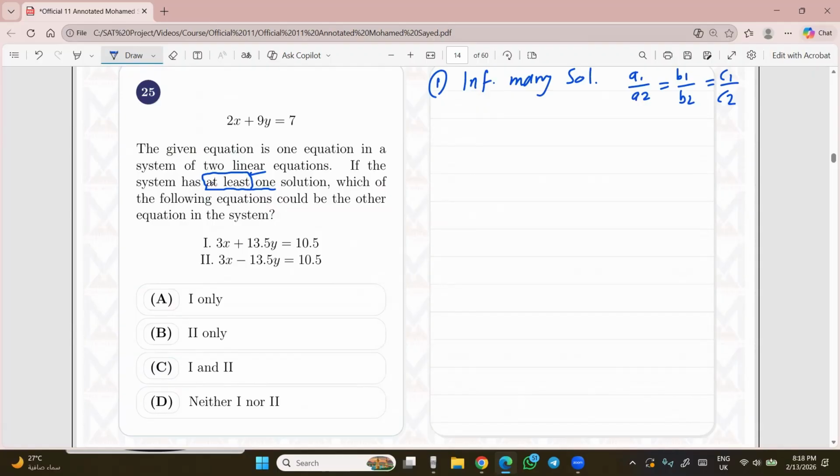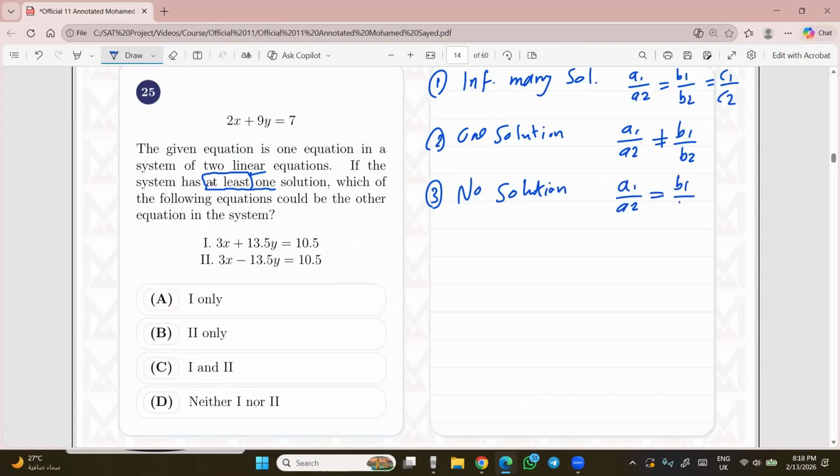And we have one solution when A1 over A2 is not equal to B1 over B2, and in this case, we do not check C. And we have the third case, which is no solution, or zero solutions, when A1 over A2 is equal to B1 over B2, but not equal to C1 over C2. But we exclude this because of the words at least.